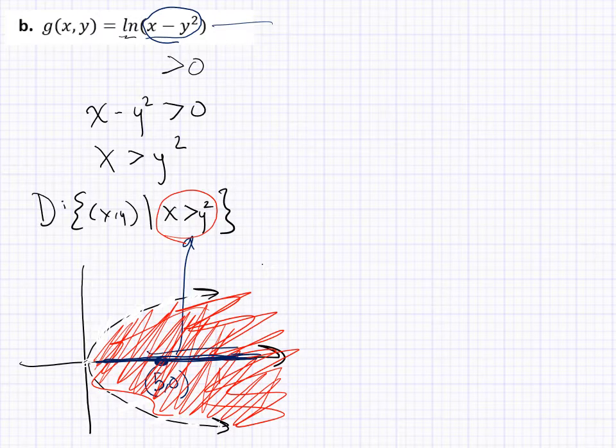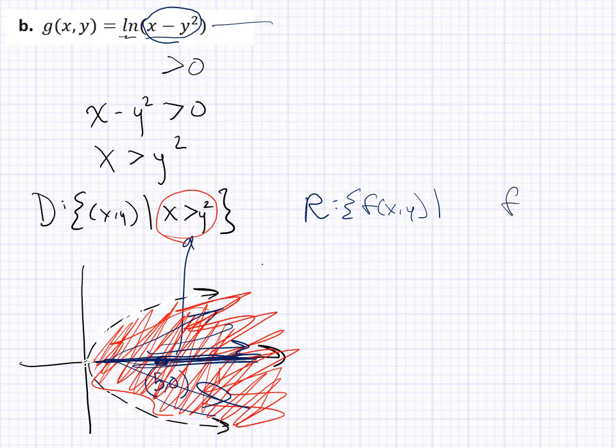Well, I can do that by moving this way along the x-axis. So just traveling along the x-axis, let alone all these other directions, in this domain, will allow me to get the range of values to be the set of f of xy's, such that f of xy goes between negative infinity and positive infinity.